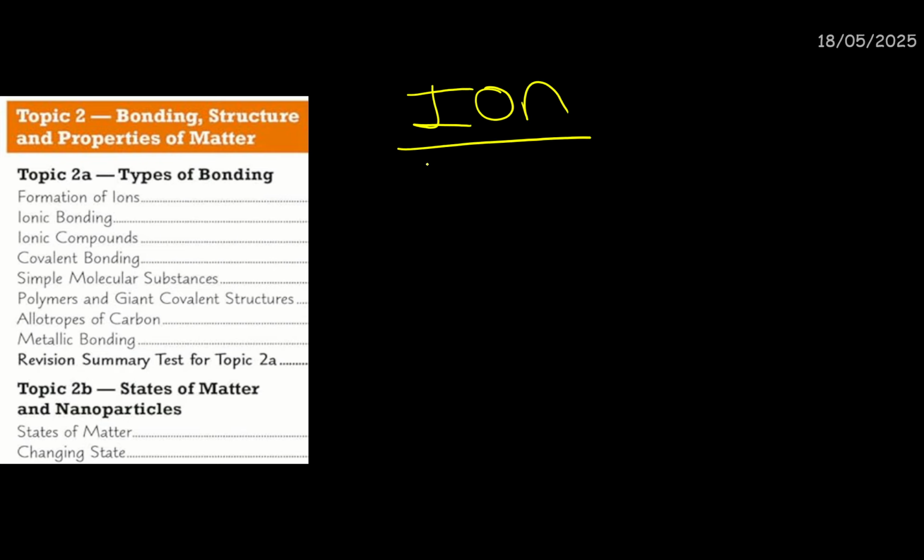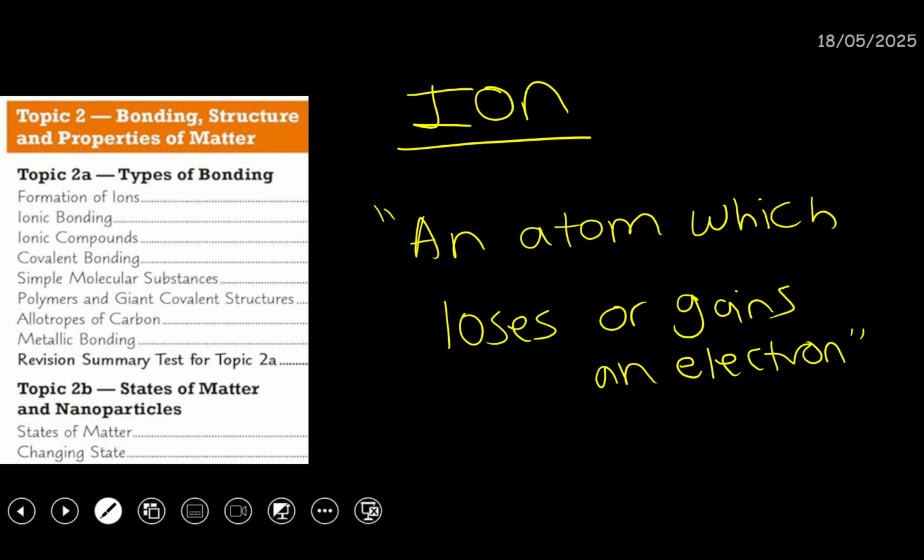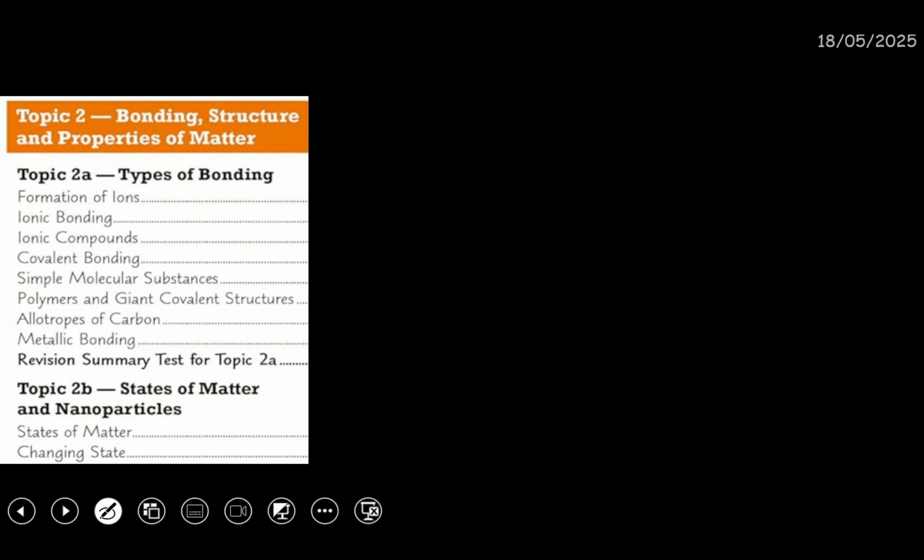So look, an ion is an atom which loses or gains an electron. That's what the definition of an ion is. Okay, let's have a look at the different types of bonding: ionic, covalent, metallic. We've had a look at this before, but let's recap it again.